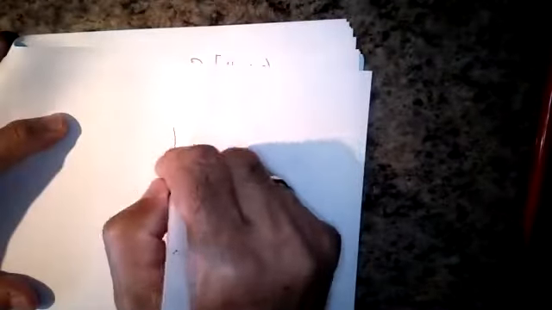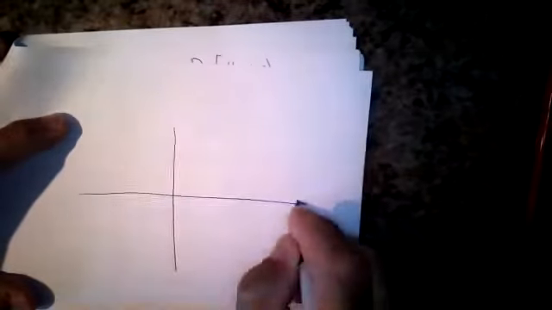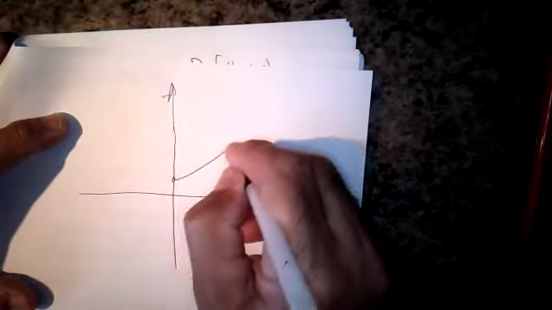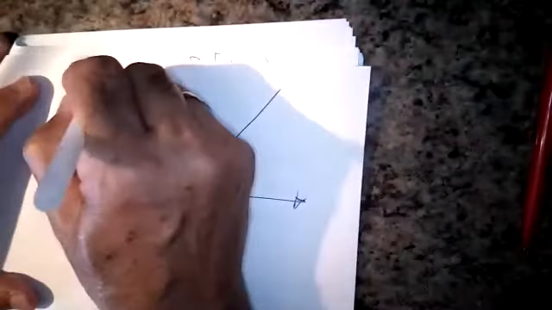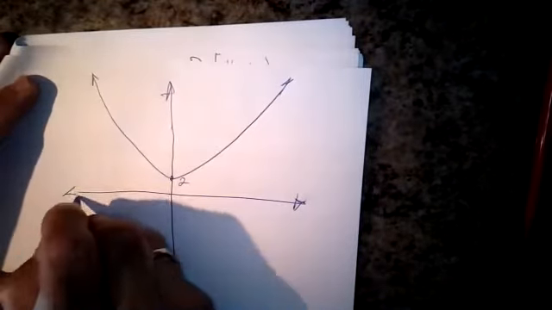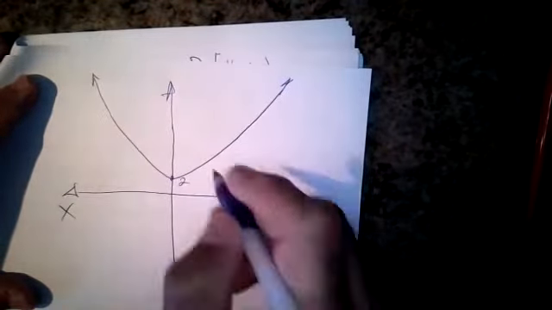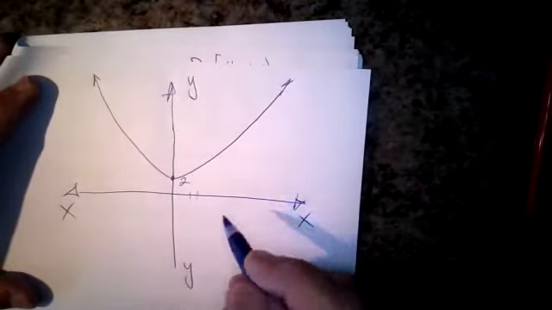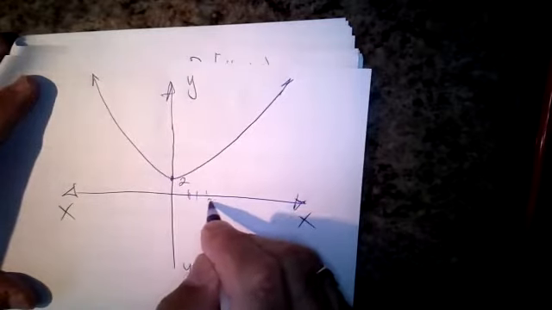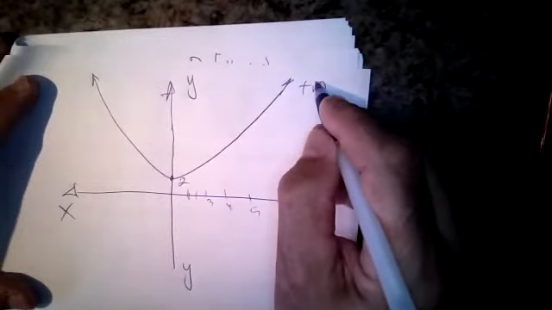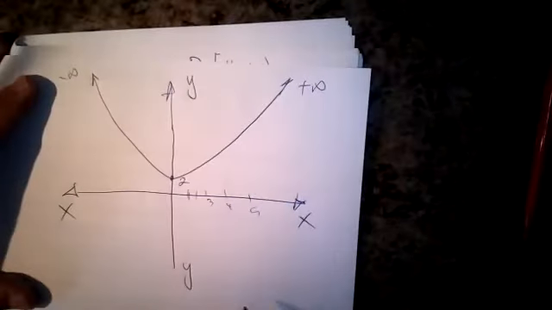Let me show you another example. Let's say you have something like this. Look, x goes from here to 2, 3, 4, 5. See, x goes all the way to positive infinity and negative infinity, right? X is domain.